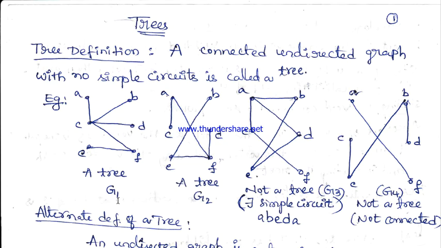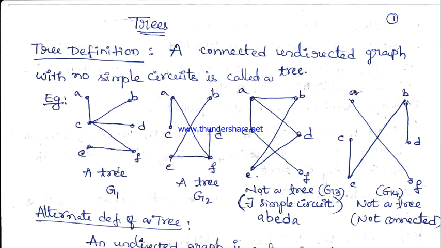In the first graph G1, clearly we can observe that it is a connected graph. Connected means any 2 vertices can be joined by a simple path. So it is connected and there is no simple circuit in this. It is undirected. So it is a connected undirected graph, no simple circuit, no closed cycle here.